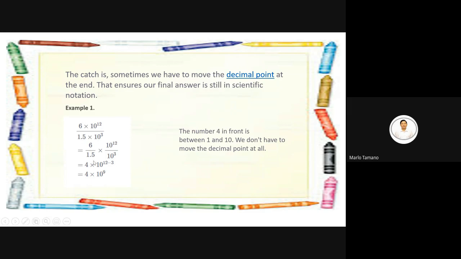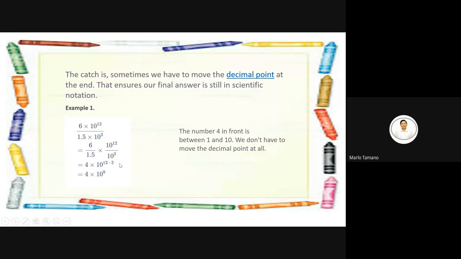So, i-divide nyo po itong 6 divided by 1.5. 4 daw ang sagot. Is it correct? So, 6 divided by 1.5, 4 daw ang quotient. Tama? Opo. Times 10. Tapos yung exponent po ng ating powers of 10, so, 12 minus 3.